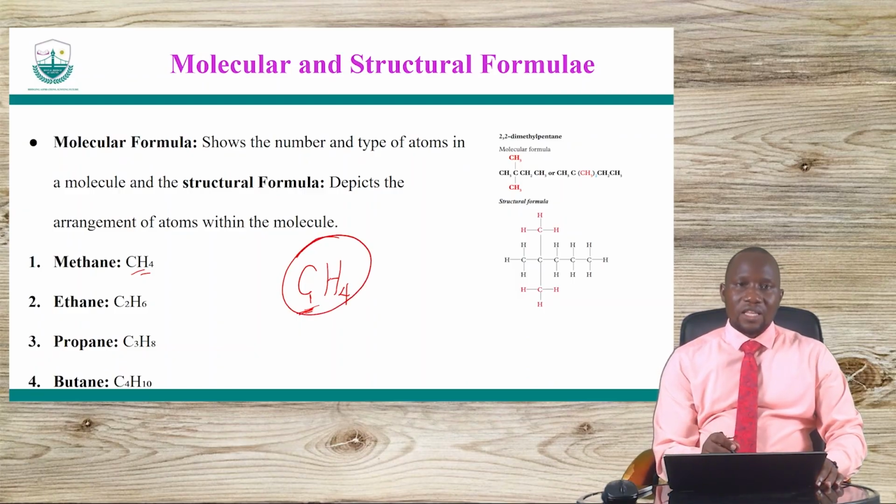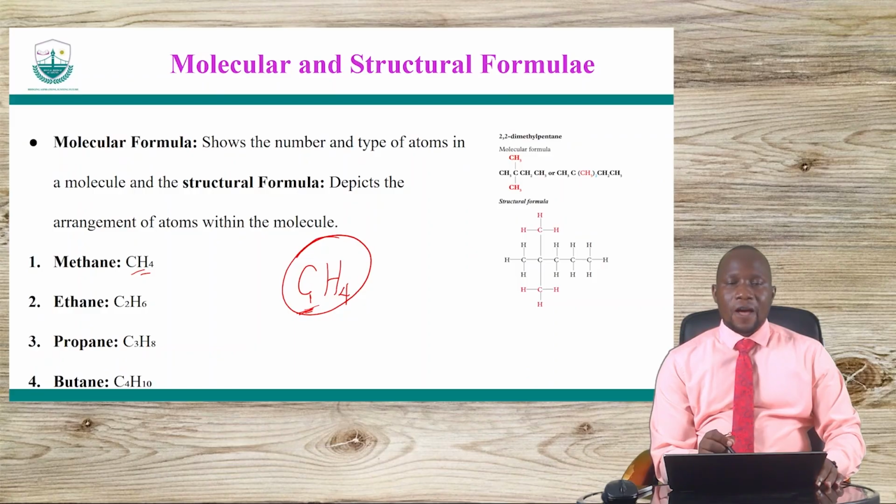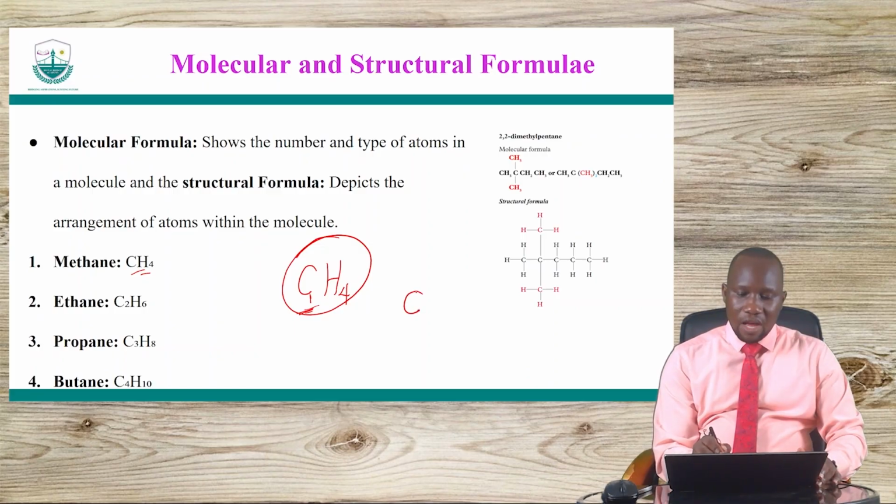So this is what we call the molecular formula. But how are these atoms, whether carbon or hydrogen, arranged in methane? The structure of how they are arranged is what we call the structural formula.